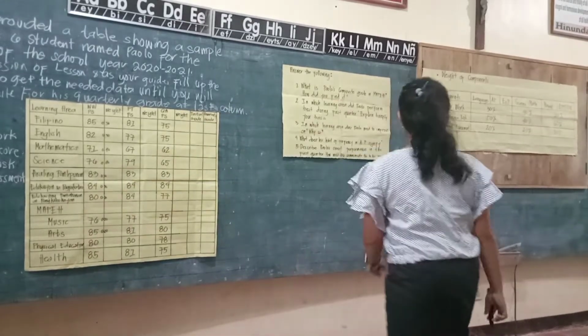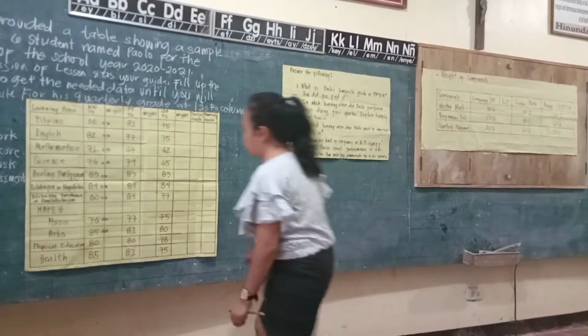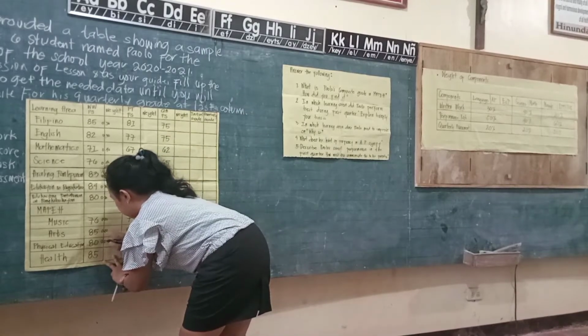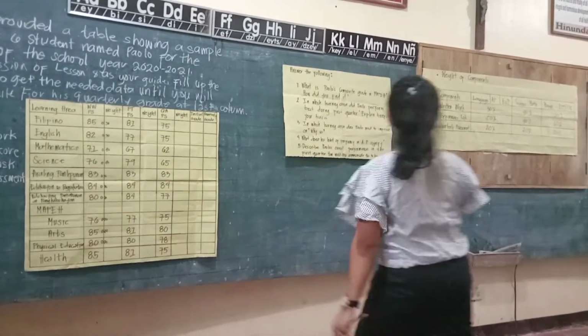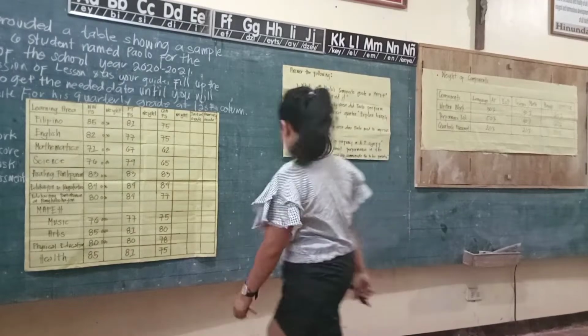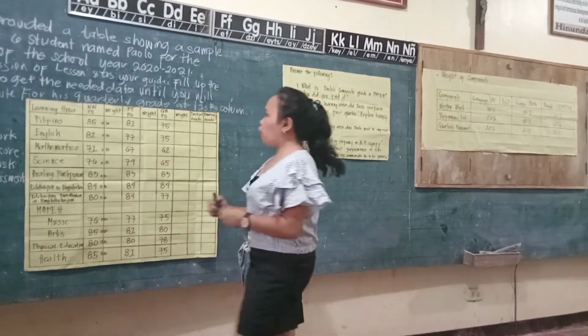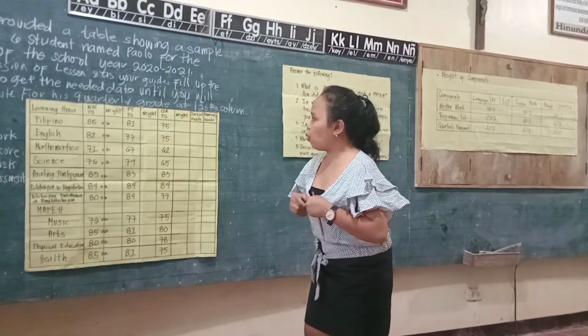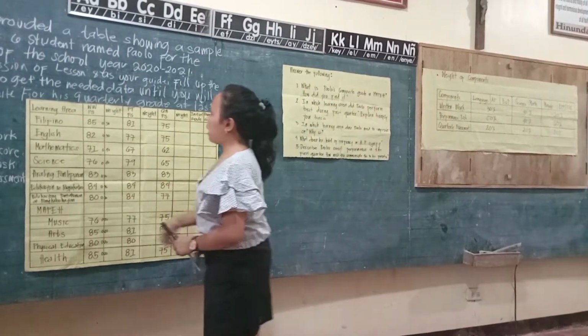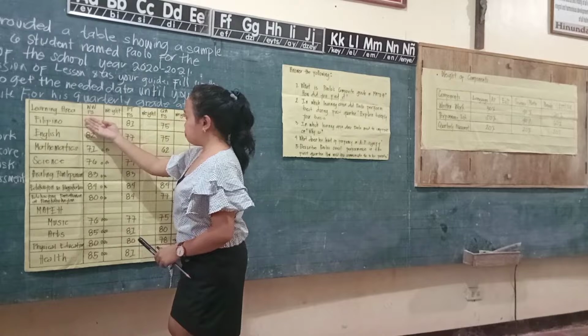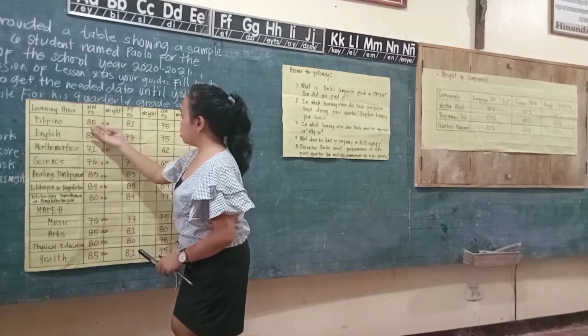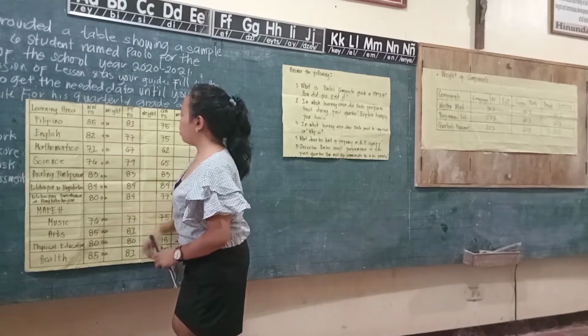Physical education is 20% or 0.20. And in health, we have 20% or 0.20. And in order to get the weighted score, we need to multiply the percentage score to the weight of component.